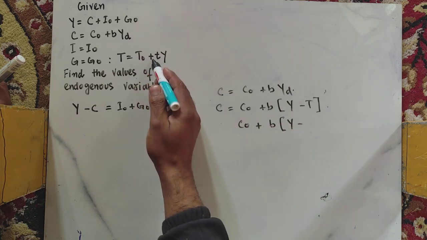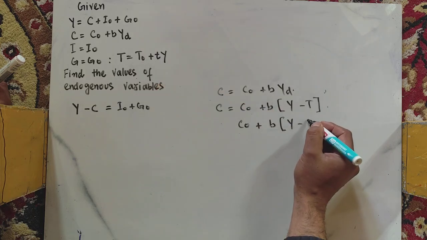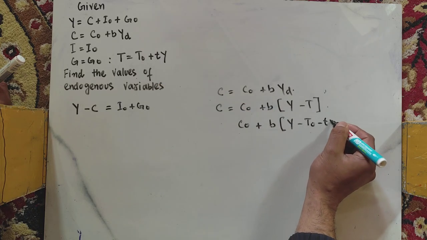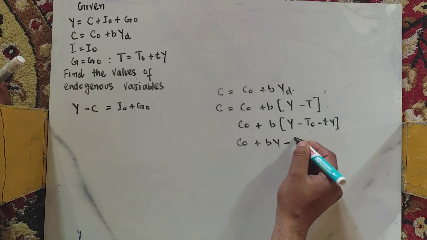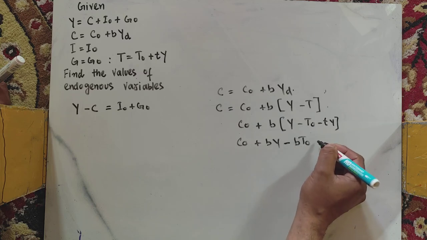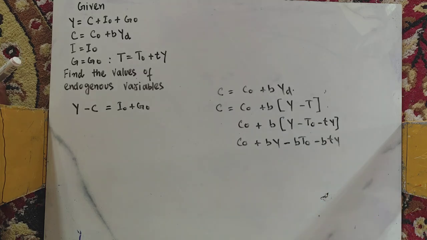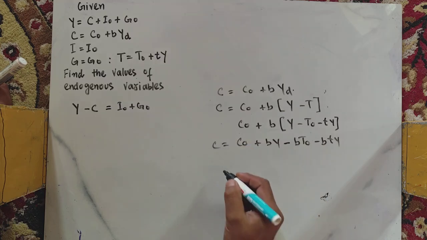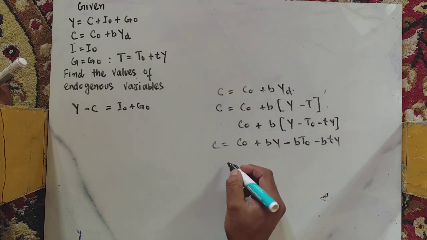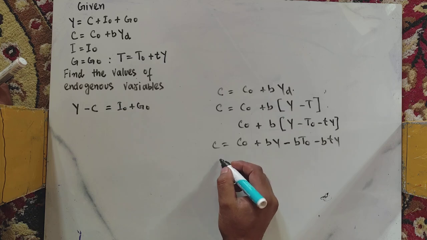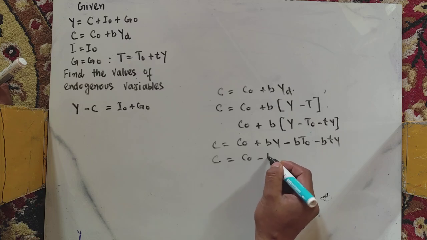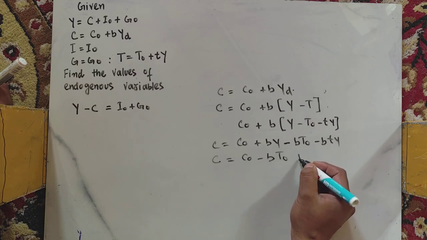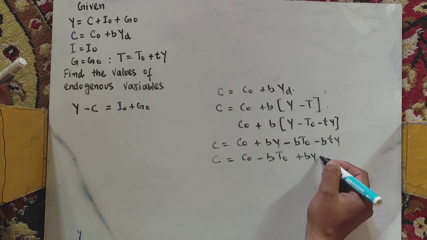T is T naught plus tY, so it will become minus b T naught minus b t Y. So we got C naught plus bY minus bT naught minus btY. Can I rewrite it like this? So C is equal to C naught minus bT naught plus bY minus btY.